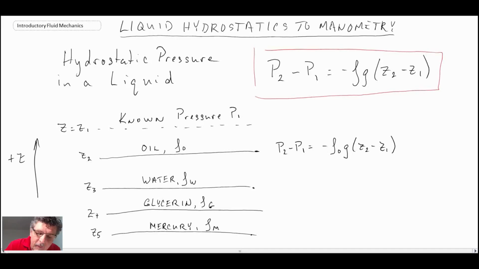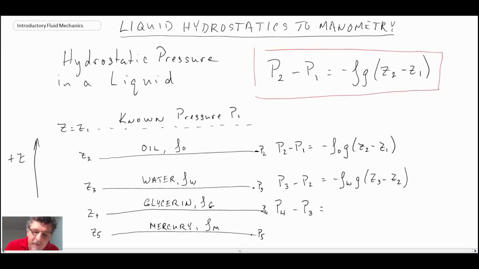Then, we want to express the pressure at this interface, and then down here. So P1 is at the top, this would be P2, this is P3, this is P4, and this is P5 here.